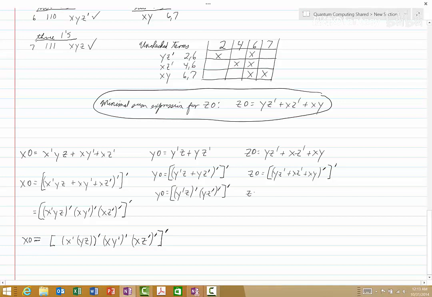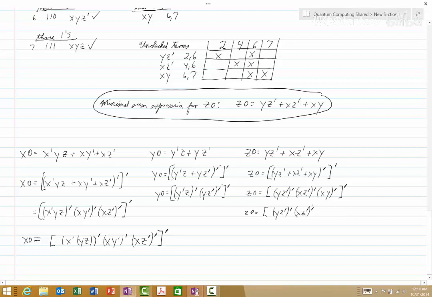And so this gives us (y z prime) prime, (x z prime) prime, (x y prime) prime, and then that's primed, and so finally we can write this as y z prime and x z prime.